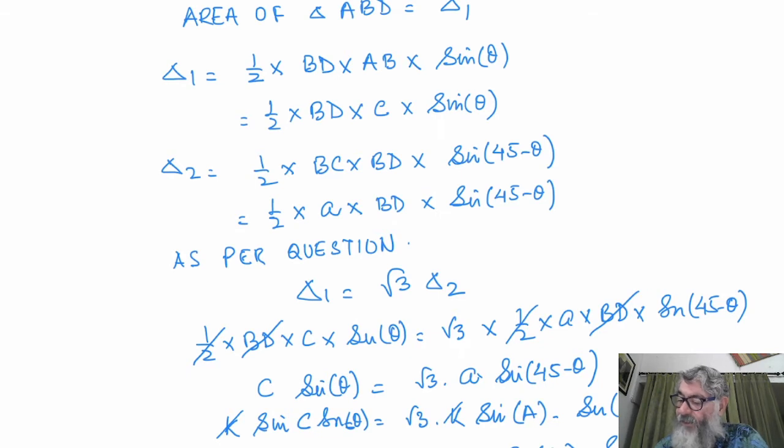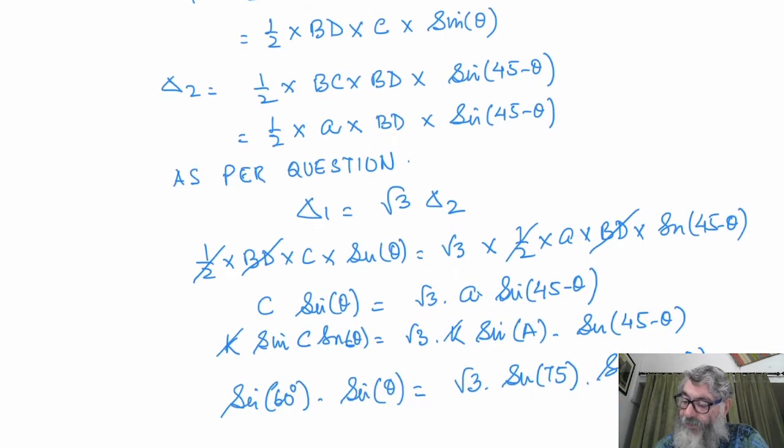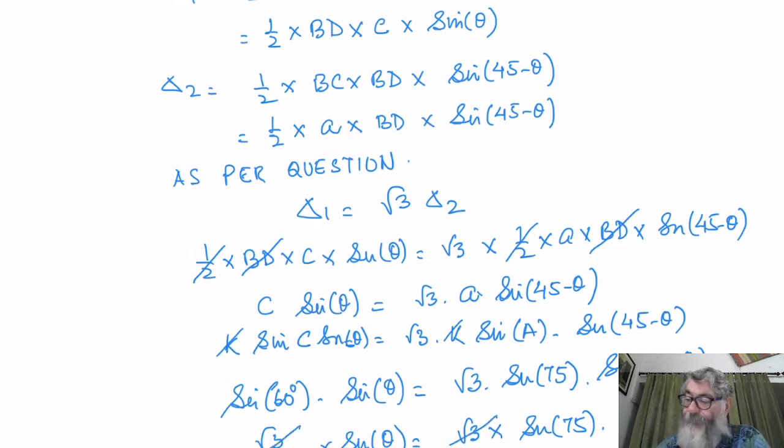Sine 60 is root 3 upon 2. Root 3 will cancel.